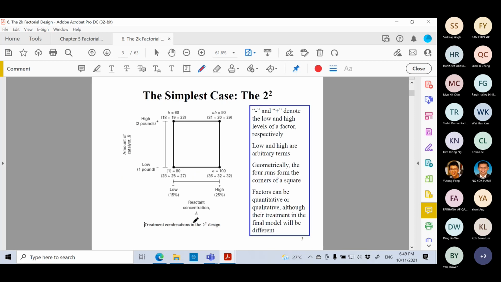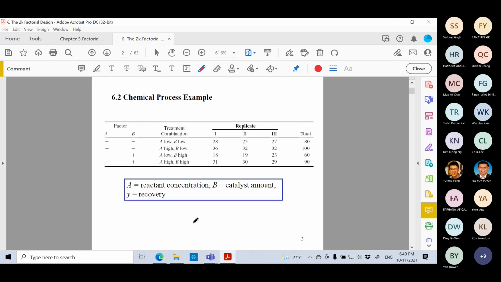For the 2 power k factor example, when you calculate the sums of squares, all of this will be similar to the factorial design and the blocking design, where you calculate SSA, SSB, SSAB, and so on. So our working will be the same. But because this is a 2 power k factorial design, it is a special case, so the computation can also be simplified.